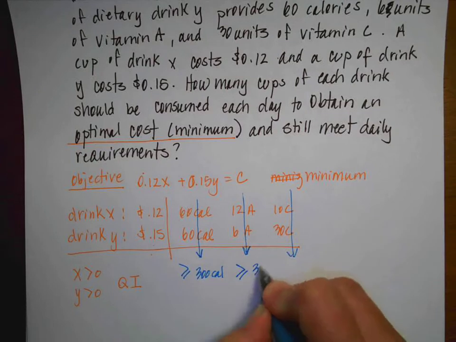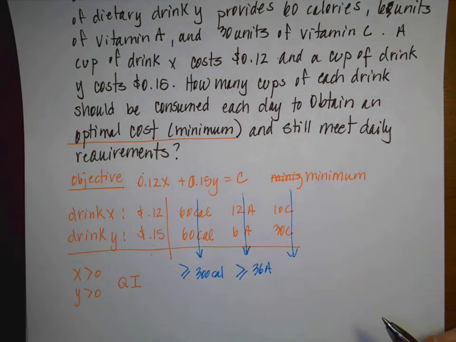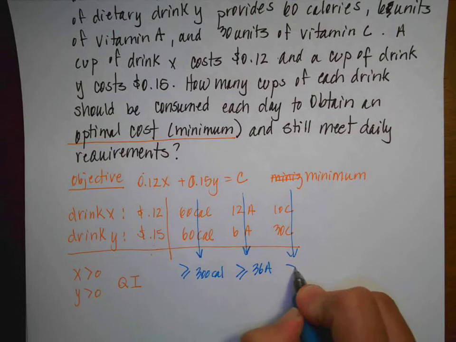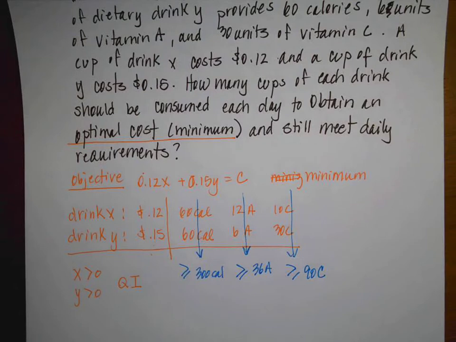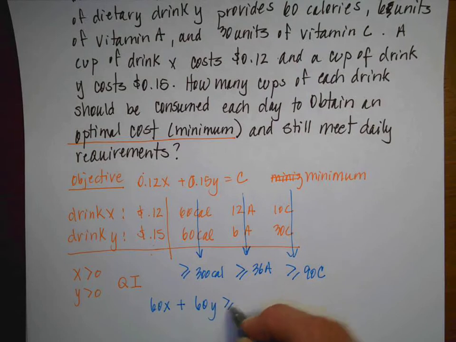And I know that I have to have greater than or equal to 36 units of A. And I know that I have to have greater than or equal to 90 units of C. So when I start writing my equations, this I think makes it look easier. So I'm going to have 60x plus 60y greater than or equal to 300.